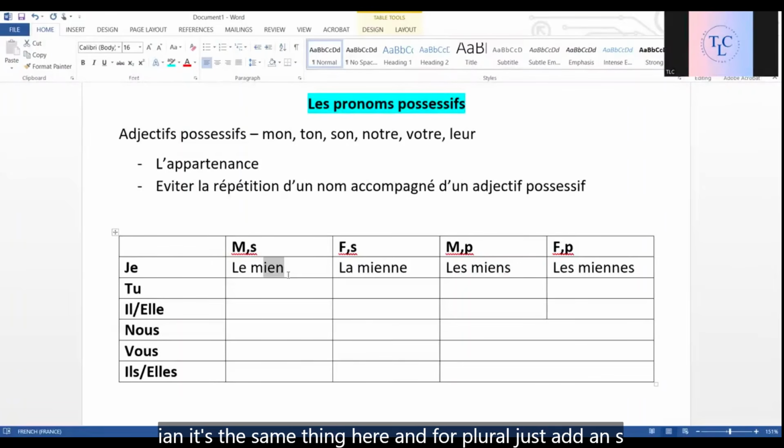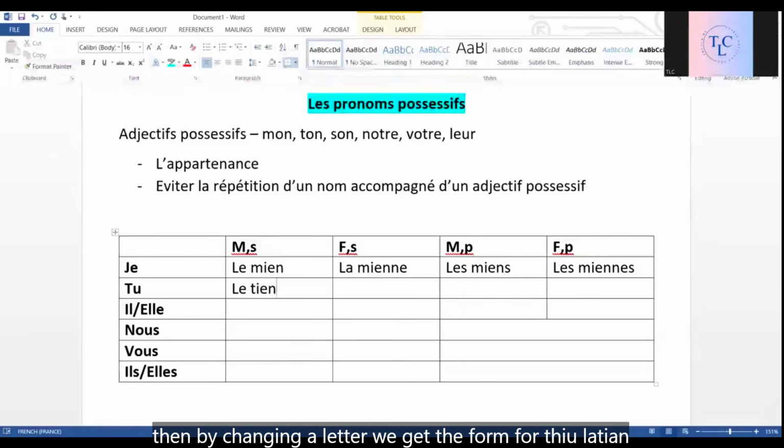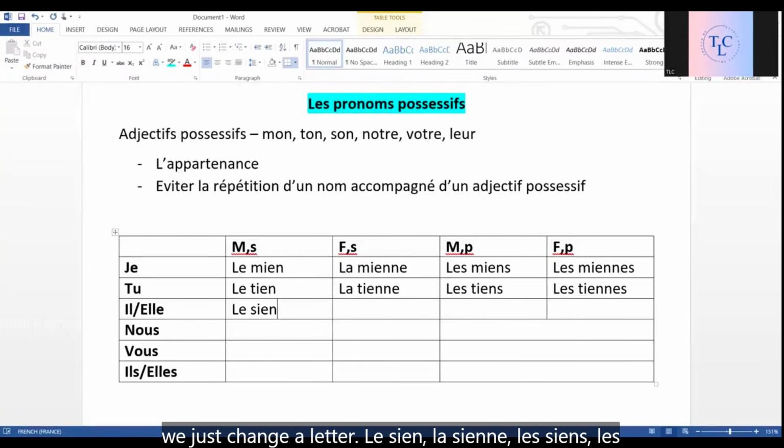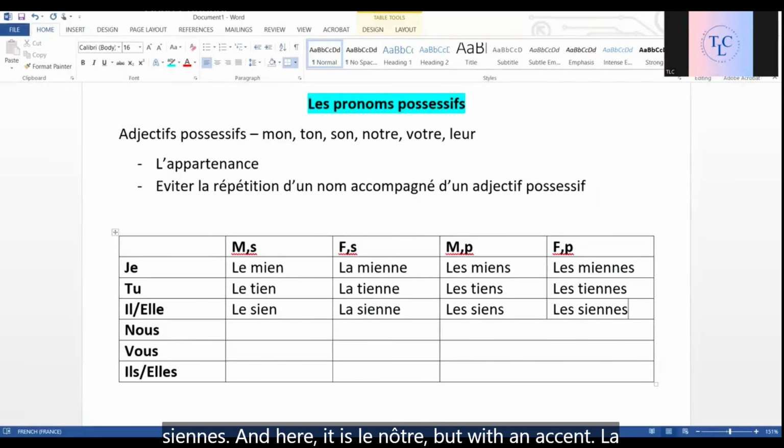And for plural, just add an S. Then by changing a letter, we get the form for tu. Le tien, la tienne, les tiens, les tiennes. Again, we just change a letter. Le sien, la sienne, les siens, les siennes.